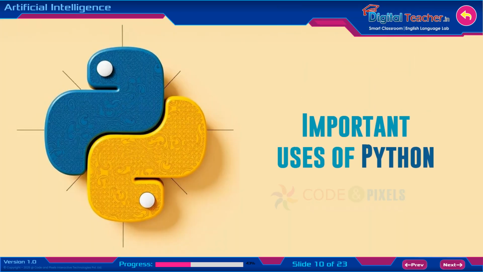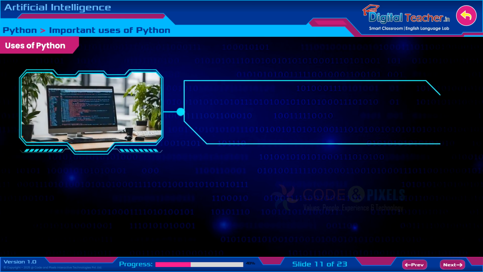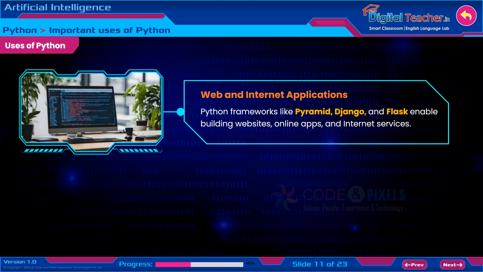Important uses of Python. Python is used in many different areas. Some of them are web and internet applications. Python has special tools like Pyramid, Django, and Flask to build websites and online apps.